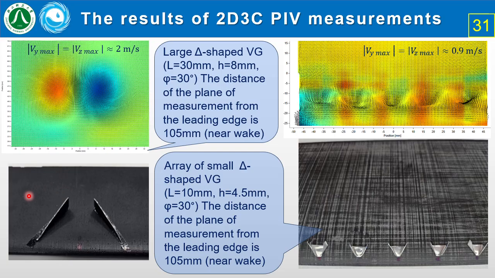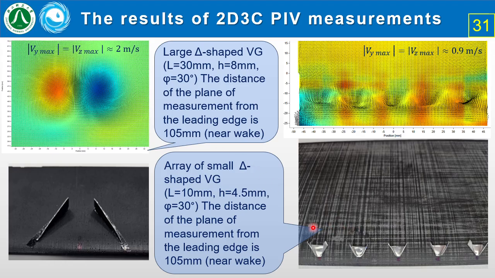In the case of the model 1 with large vortex generators, we were able to get the qualitative secondary flow containing the symmetric distribution of vorticity with opposite signs. The modulus of the maximum velocity of the secondary flow is about 2 meters per second, and it means that this vortex structure of streamwise paired vortices is strong, and it is not a problem to reproduce this kind of strong vortex flow.